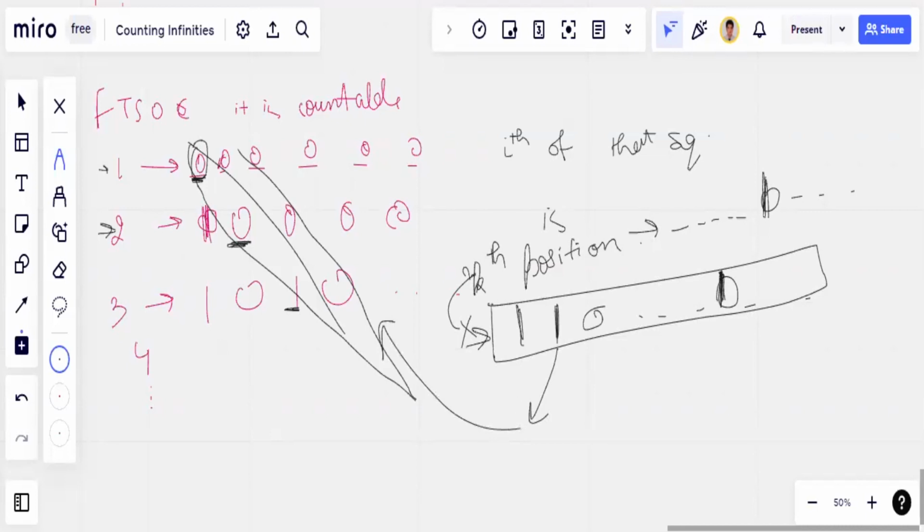Like, how is this a contradiction? But just a second. Okay, one person said yes. What about other people?